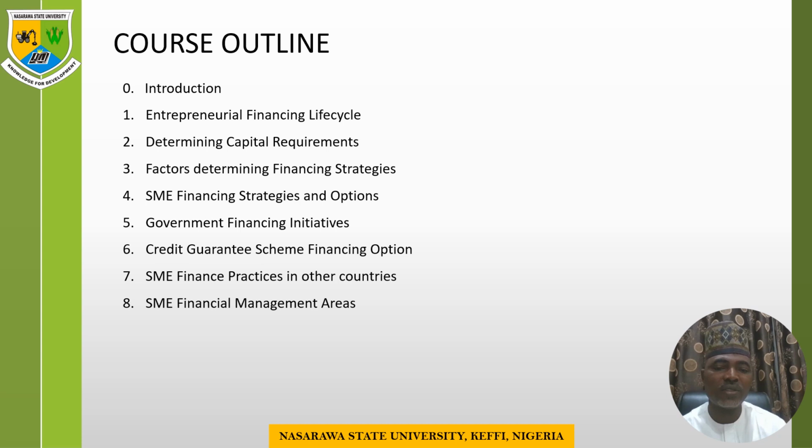The first option available for an entrepreneur is self-funding, followed by accessing funds through family members, friends, and then loans from outside, basically micro loans, traditional loans, bank loans, and other entrepreneurial loans.